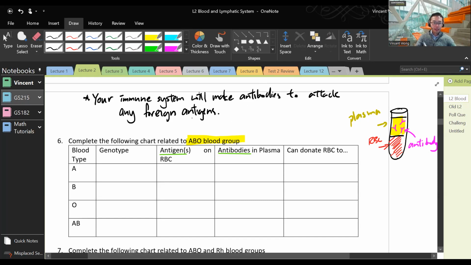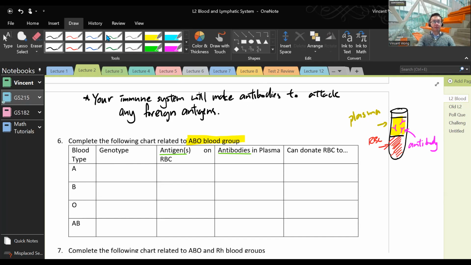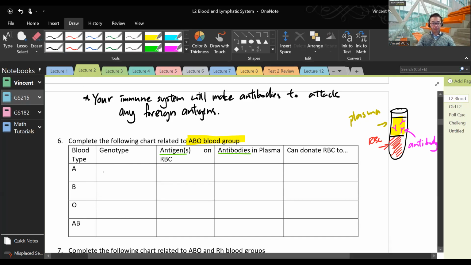Okay, so let's take a look at blood type A. What are the genotypes for type A blood? Well, there are two ways to get type A blood. I told you it can be IAIA or IA little i, right? So what kind of antigens will you have on the surface of the red cell?